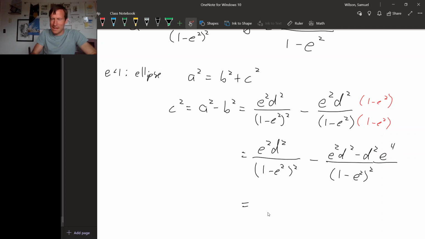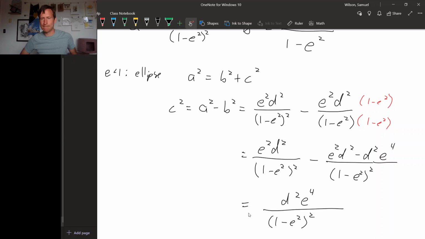Okay, and then now we can do this subtraction. So our denominator is 1 minus e squared squared. And then in the numerator, it looks like these e squared d squareds are going to cancel, and we're going to get d squared e to the fourth.